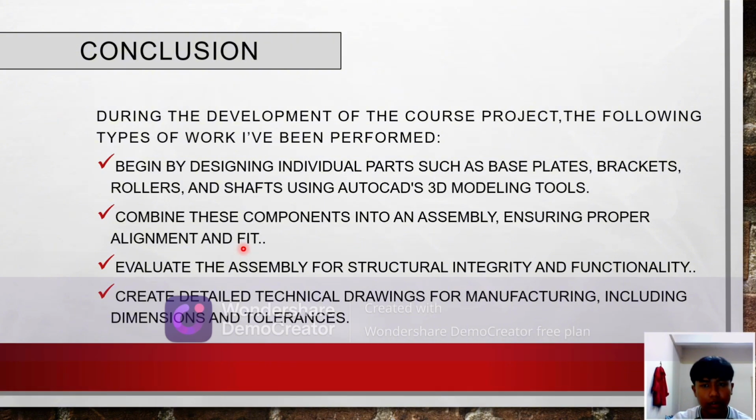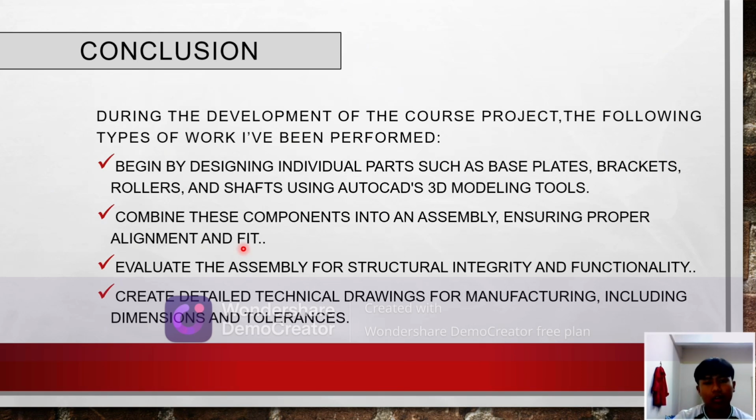For the conclusion, during the development of the course project, the following types of work have been performed. First is beginning by designing individual parts such as base plates, brackets, rollers and shaft using AutoCAD 3D modeling tools.